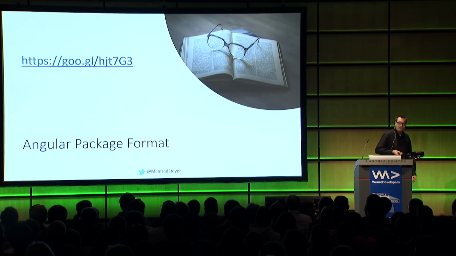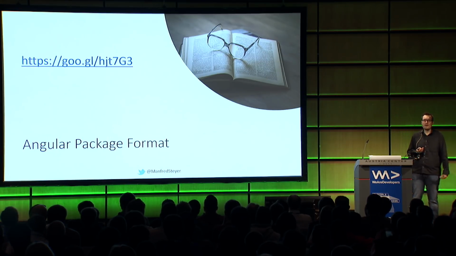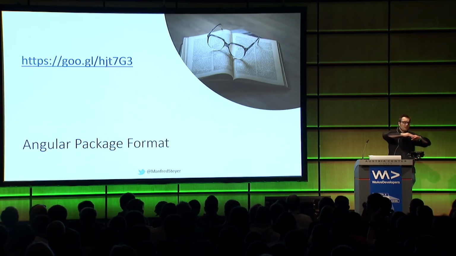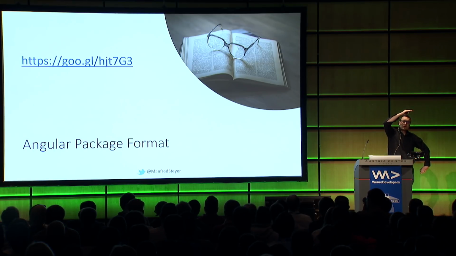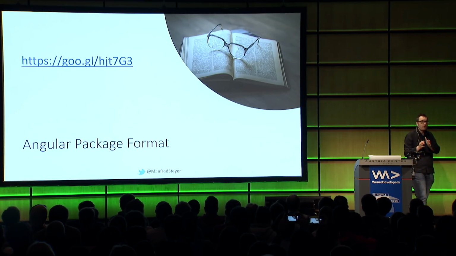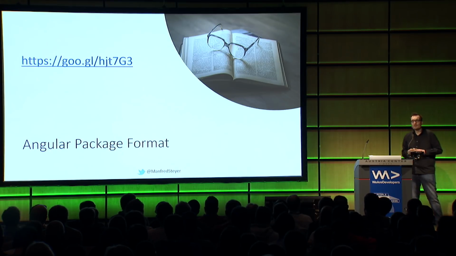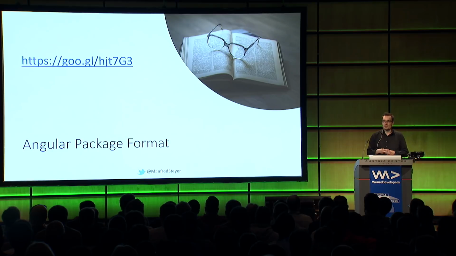For instance, there is this Google document called the Angular Package Format. It is quite long and it describes all the things you have to respect to make your library work seamlessly together with Angular, but also with all those optimization techniques in the Angular world, like, for instance, AOT and tree shaking.